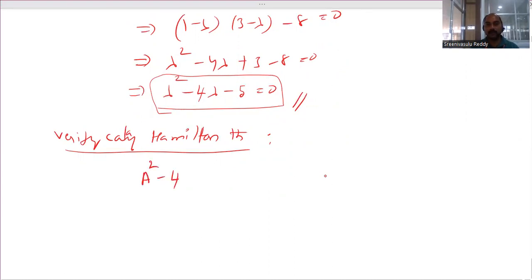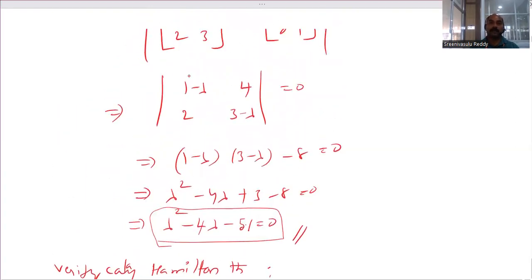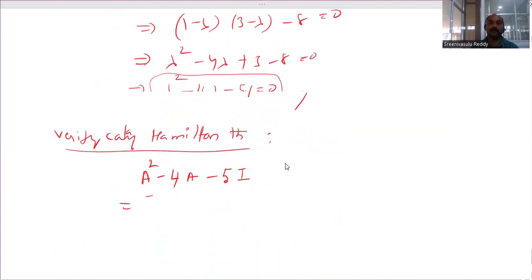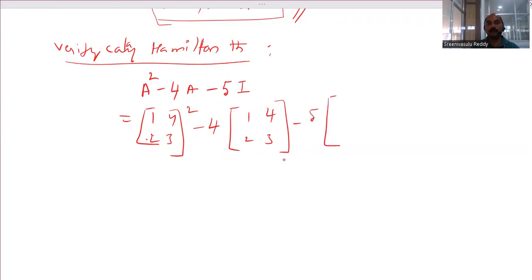A square minus 4A, replace lambda with A, minus 5 times I. 1 is replaced with the identity, lambda is replaced with A. What is A? A is 1, 4, 2, 3. So we have 1, 4, 2, 3 whole square minus 4 times 1, 4, 2, 3 minus 5 times 1, 0, 0, 1. Now simplify this.